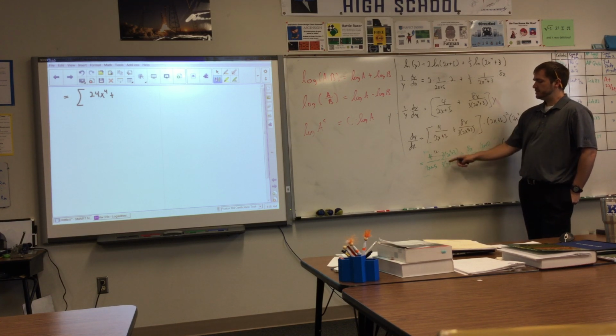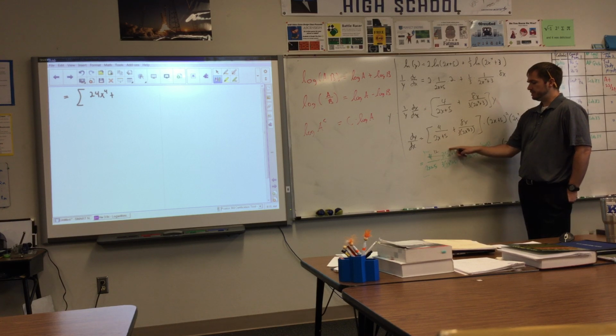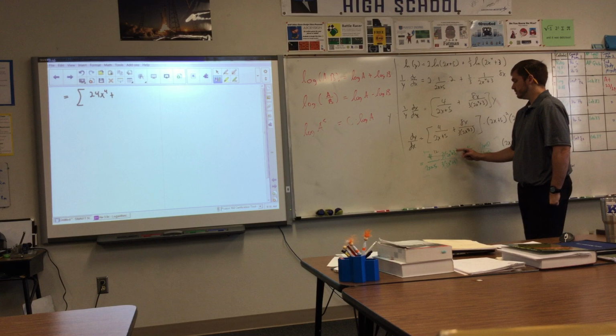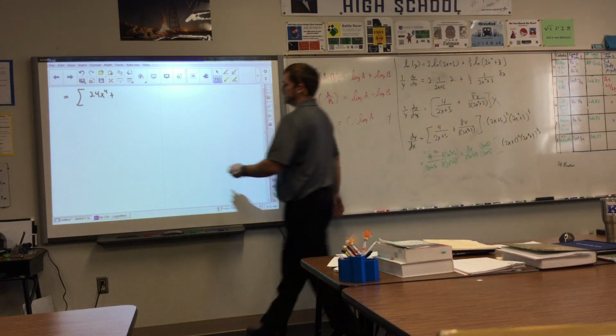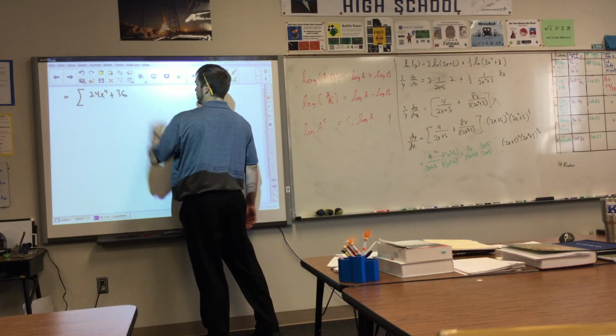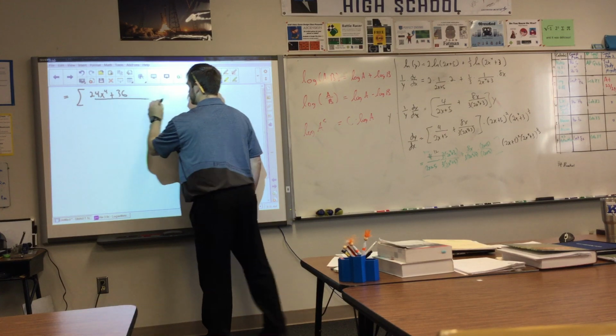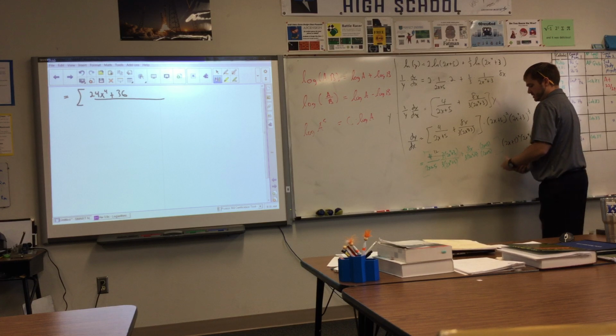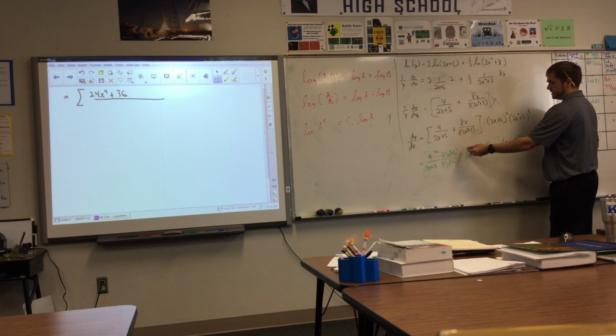Now when I do that, the 4 times 3 is 12, and then I distribute that 12 inside the parentheses. So I have 24x to the 4th plus, what's 12 times 3? 36. And then plus, and that's nice that it's plus, but not minus. So 8x times 2x and 8x times 5.